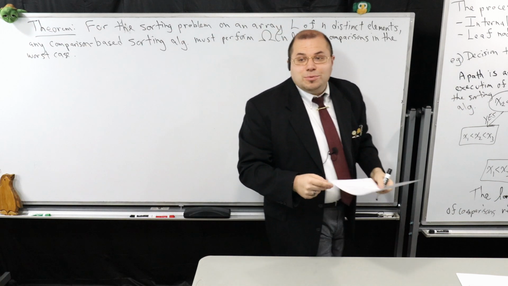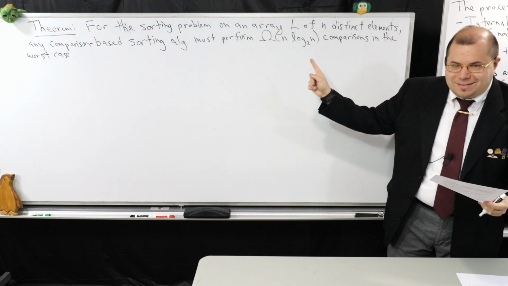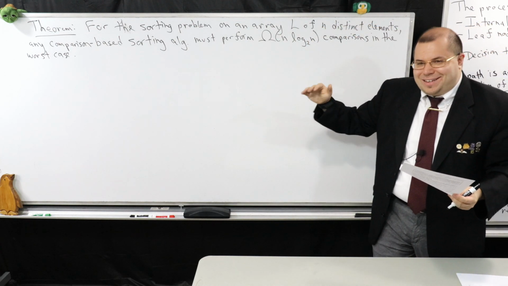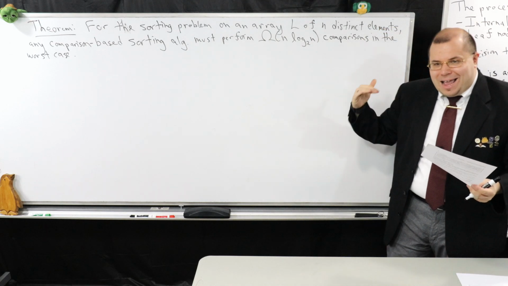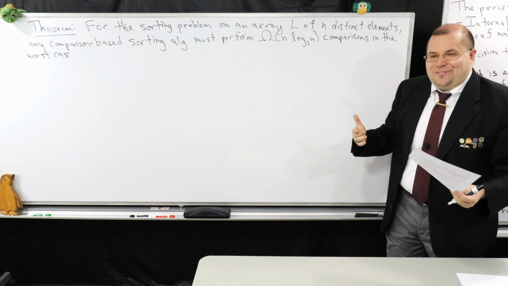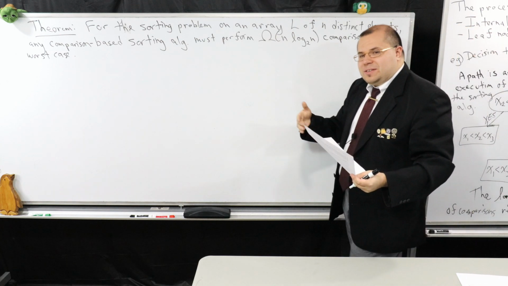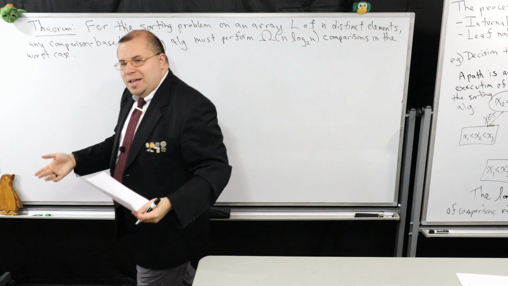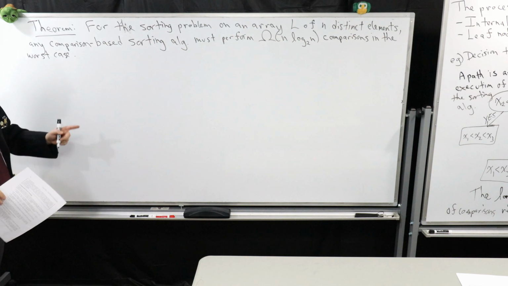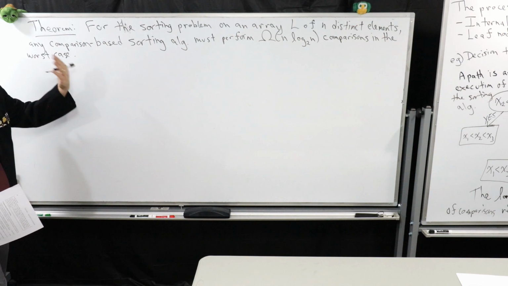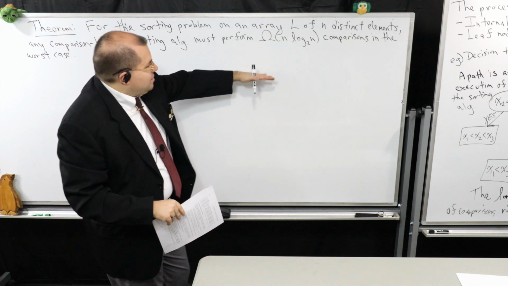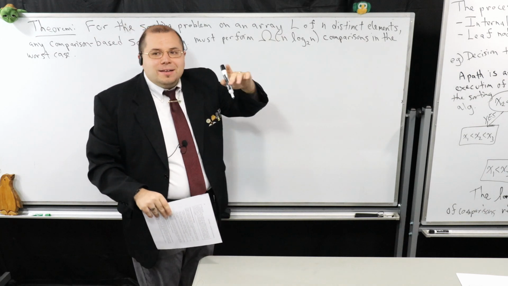We're actually going to establish an even better lower bound than we had last time. Last time we had that linear time lower bound of big omega n. That wasn't good enough for me. We need something a little better. And we know that all of those algorithms like merge sort and heap sort fit within the framework of a comparison-based sorting algorithm. This applies to them, which would imply something quite nice.